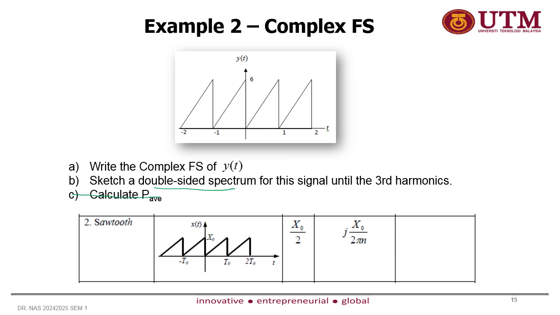So first step, always refer to the table. Look at the more or less similar shape and identify the x naught, t naught, c naught, and also cn, and don't forget the remarks.